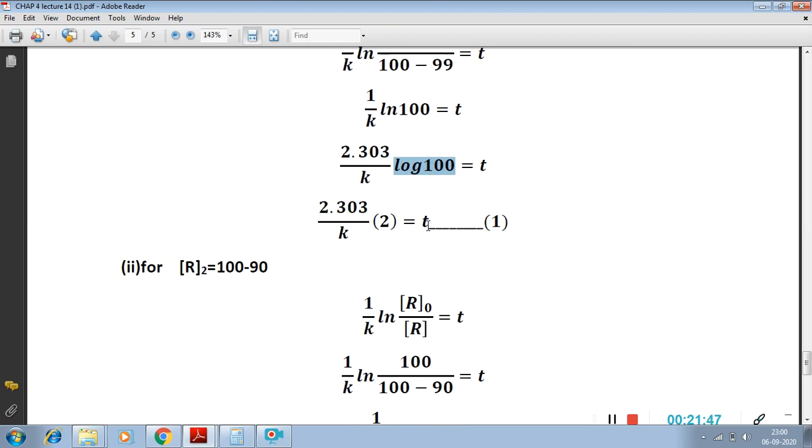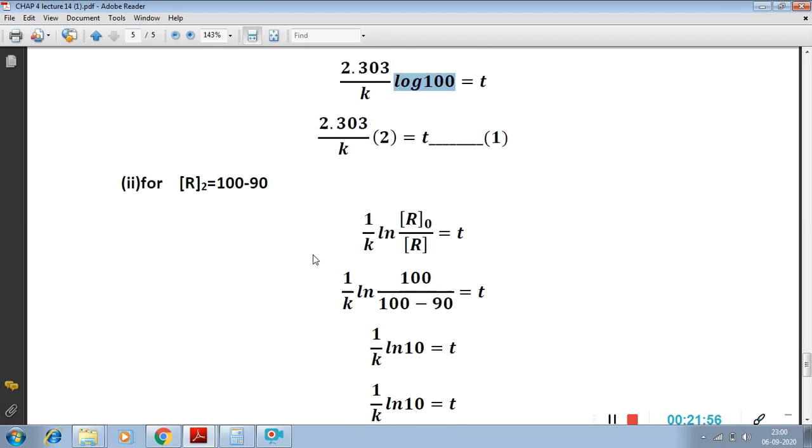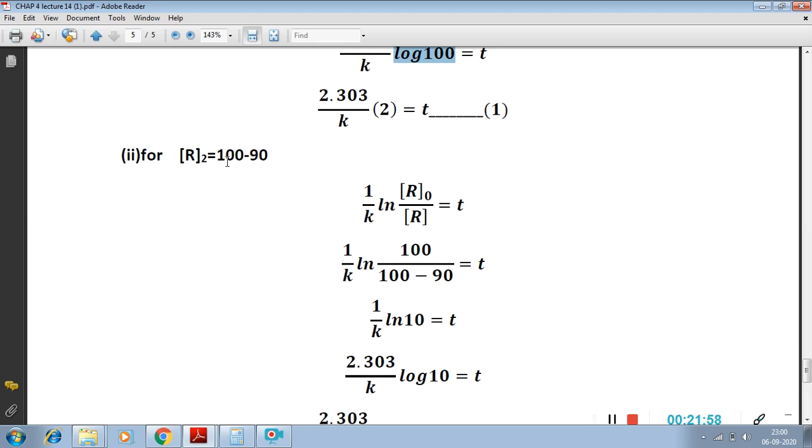So what is time t? Time t is equal to 2.303 divided by K into 2. Now the same calculation for the second condition, when R2 is equal to 100 minus 90. The same equation is here.